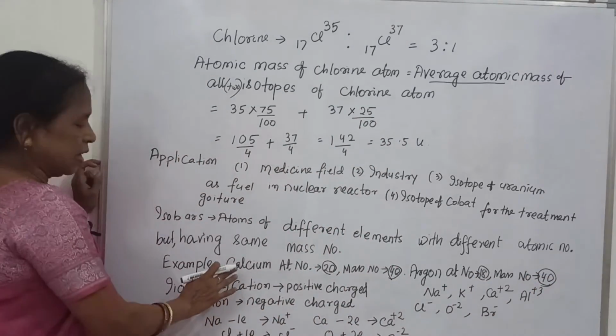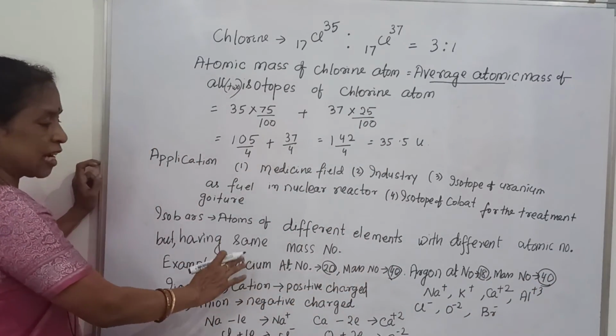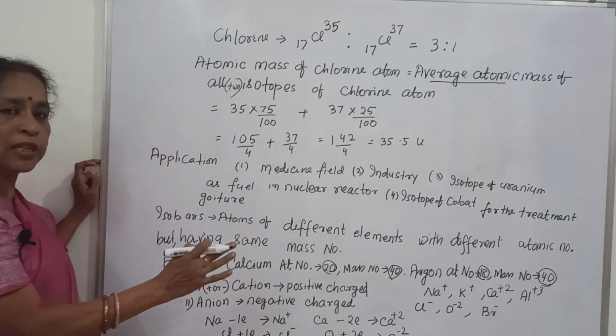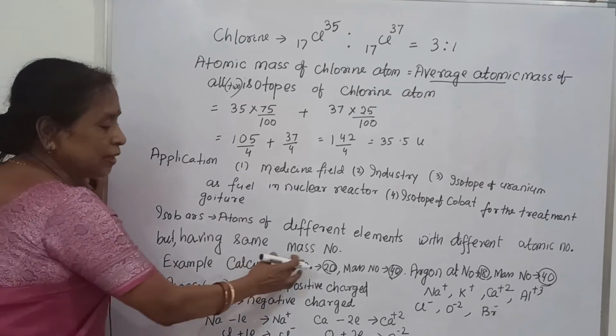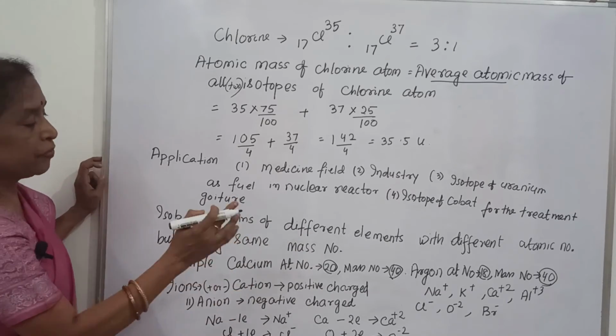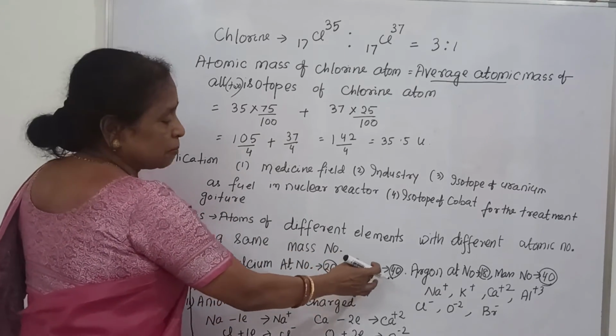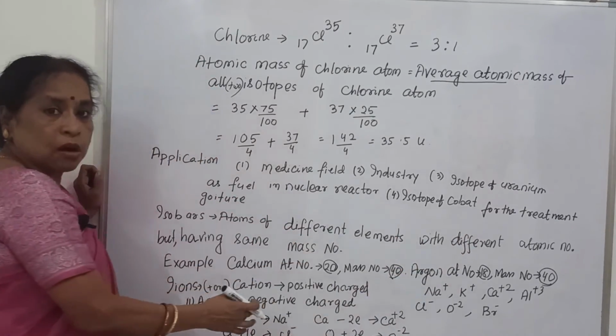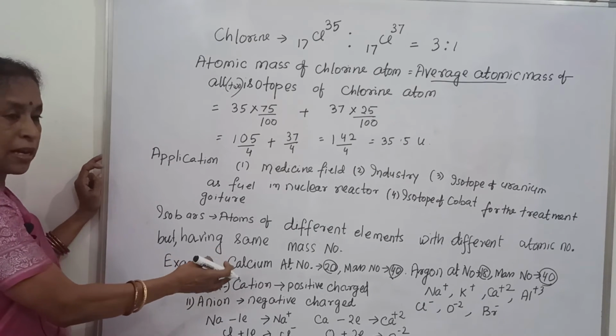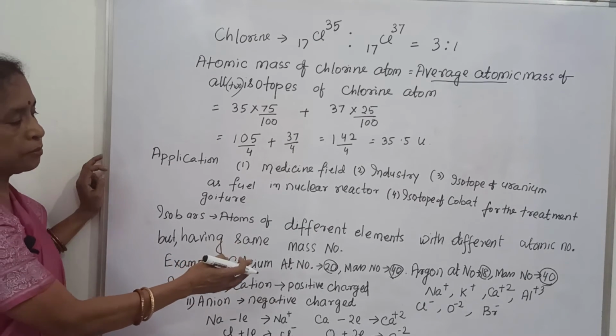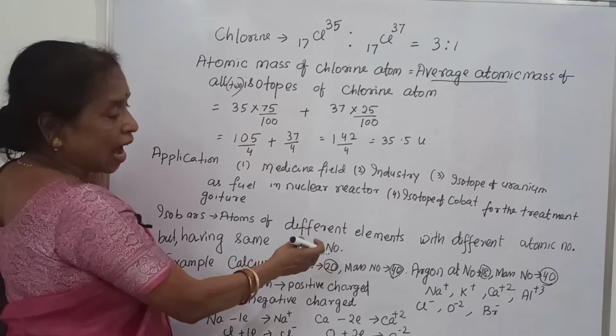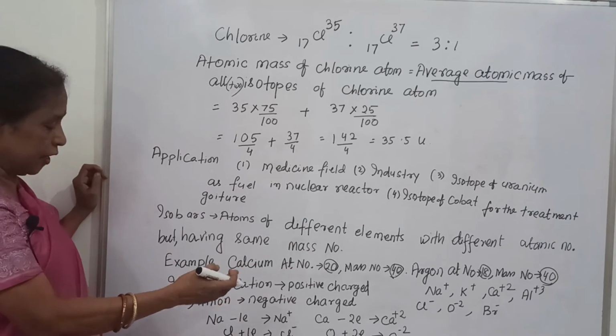Now you can observe calcium and argon are different elements. That is why different atomic numbers but having the same mass number 40. Calcium mass number 40, and argon mass number also 40.